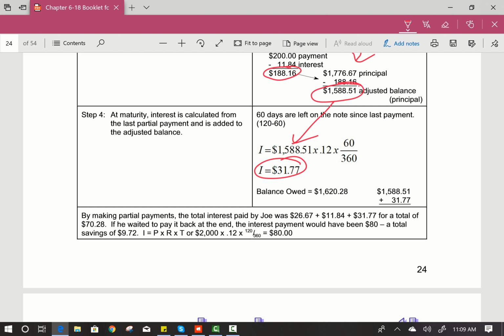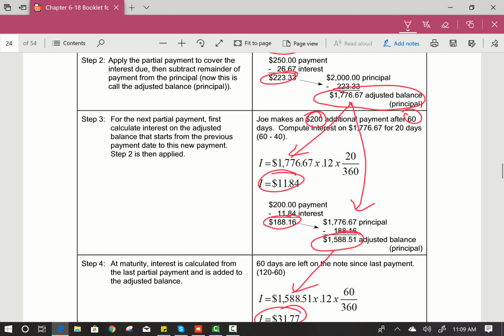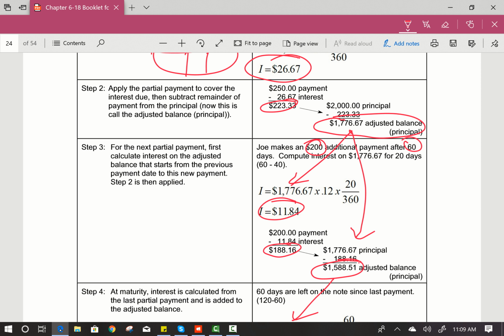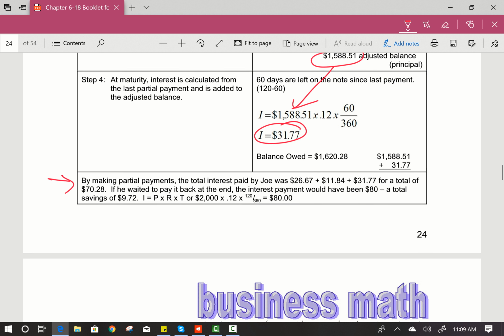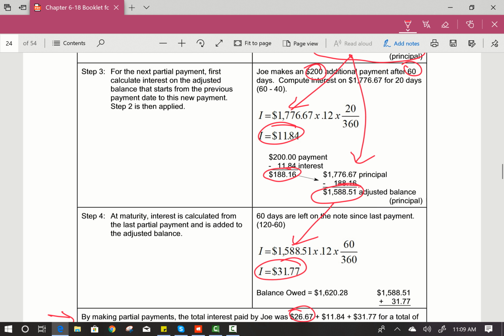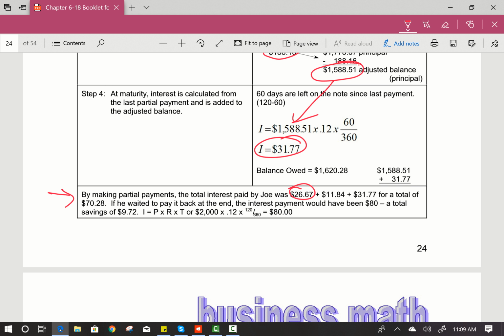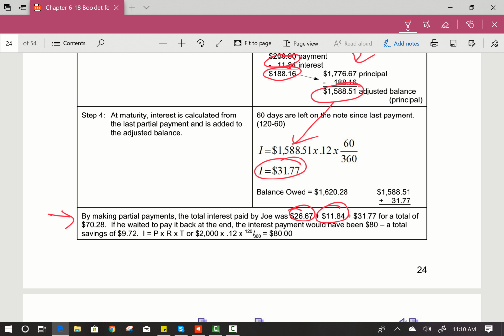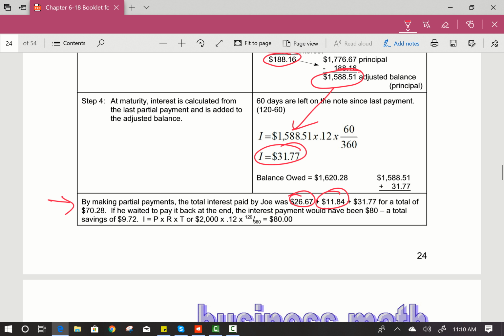Right down here at the very bottom in this area, by making partial payments, the total interest that Joe paid was, first of all, $26.67 right there, $11.84 right here, and $31.77 right there.